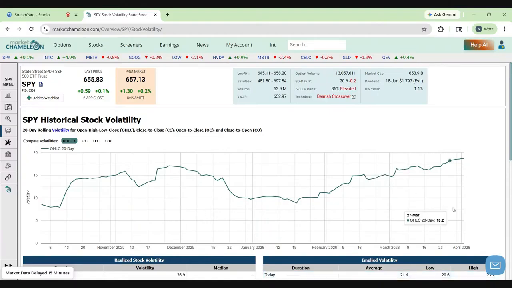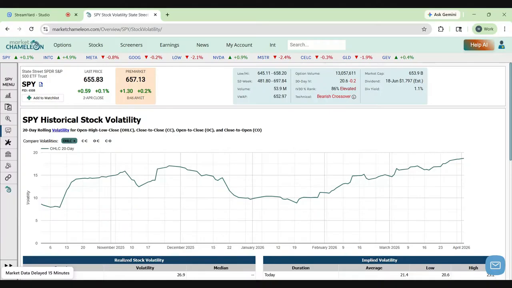So you can see here, this is a line chart that is day-to-day going back a year, looking at the 20-day historical volatility of the stock. Another way to measure, there's no single right way. It depends on what prices you want to reference. But we could also use just close to close prices.